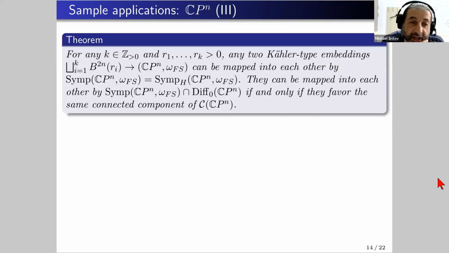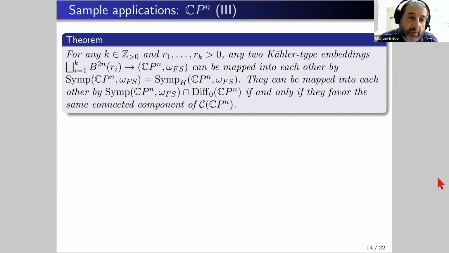For any collection of radii, any two Kähler-type embeddings of balls into CPN with the standard symplectic form can be mapped to each other by Simp, which in this case is Simp H. In this case, Simp and Simp H are the same. These two embeddings can be mapped into each other by Simp intersection with Diff-zero if and only if they favor the same connected component of the space of Kähler-type complex structures in CPN.